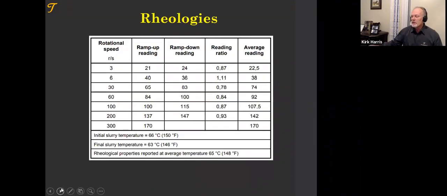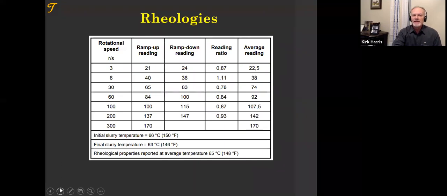I'm doing work right now with the lab, a very big cementing company, and they do not use the API procedure for rheologies, but they note that. They note that this is non-API testing. They will simply take the 300 reading down to the 3 reading.